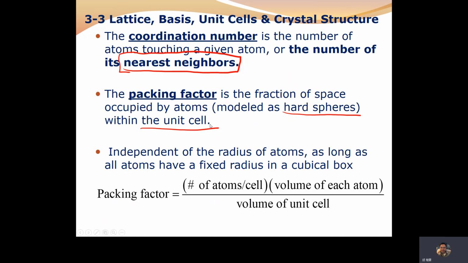It can be calculated by the number of atoms per cell times the volume of each atom divided by the volume of the unit cell. Therefore, it depends on the radius of the atoms, as long as all atoms have a fixed radius in a cubic box.